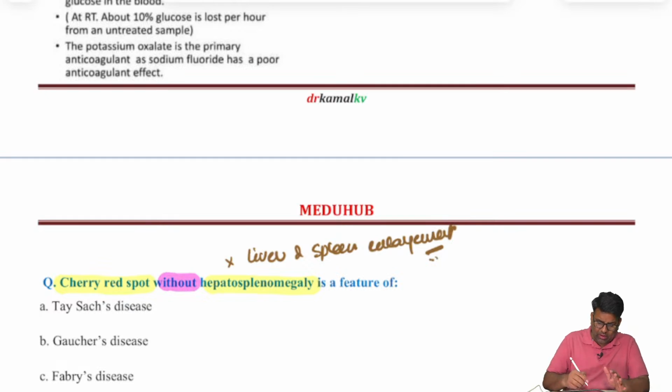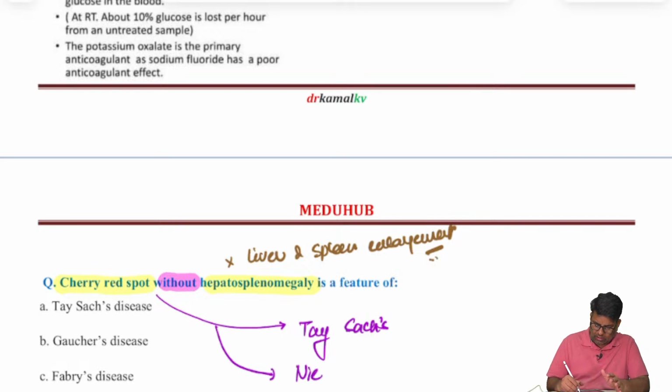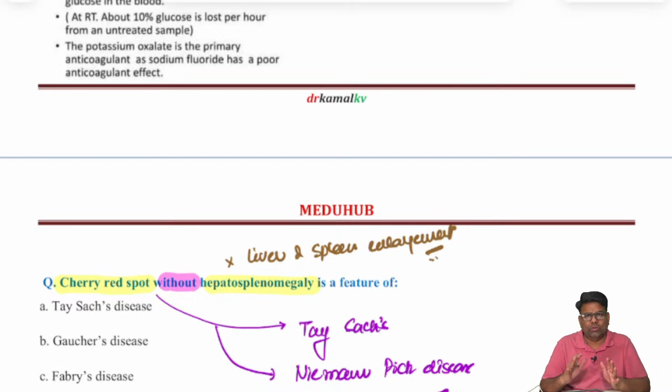Now here, the moment you find a cherry red spot, you have to think of two conditions: either Tay-Sachs disease or Niemann-Pick's disease.